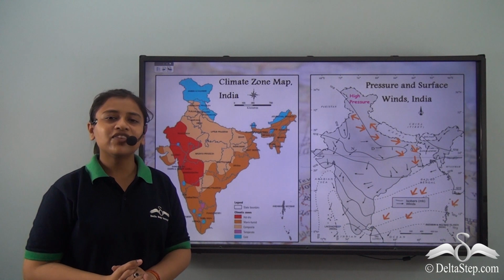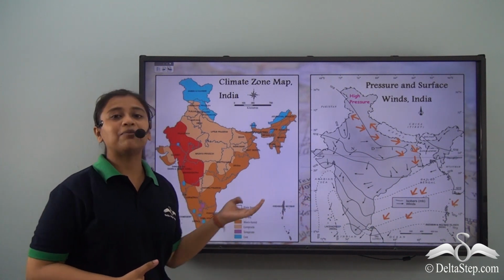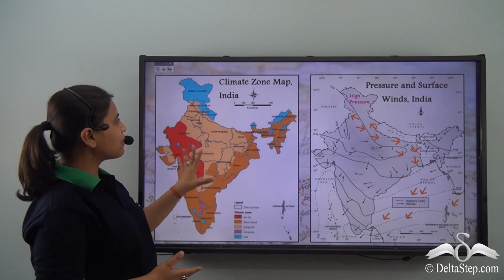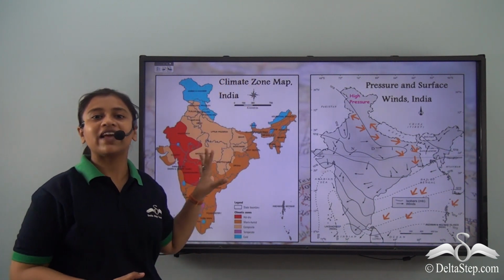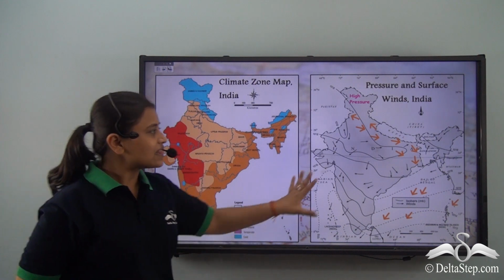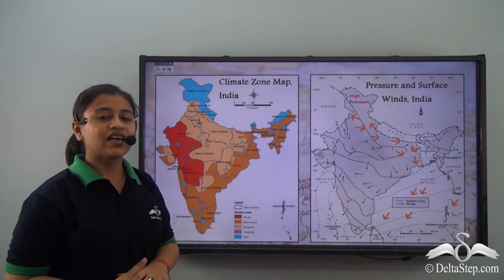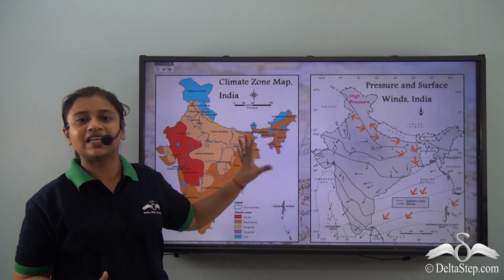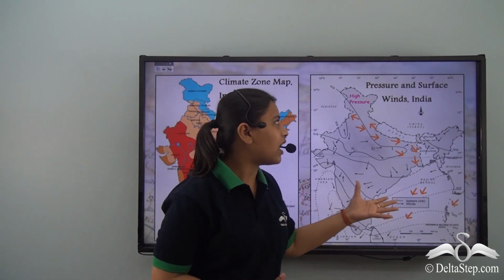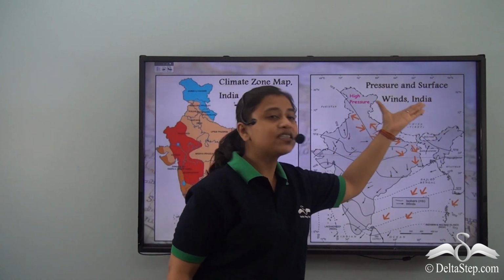So what do we have here? We have two maps of India. So the first map here shows us the climatic zones of India, right? And this map here shows us the factors that affect the climate of India. And these factors are pressure and surface winds.